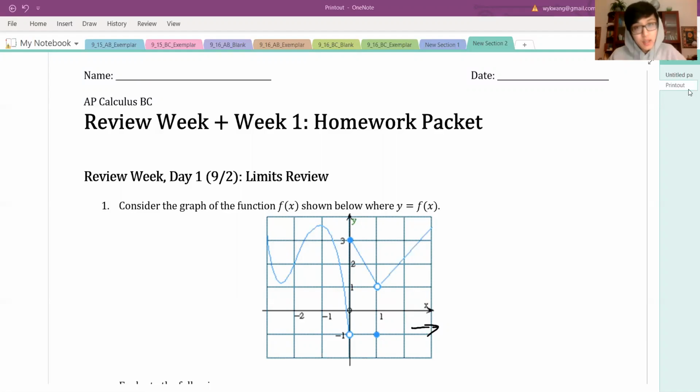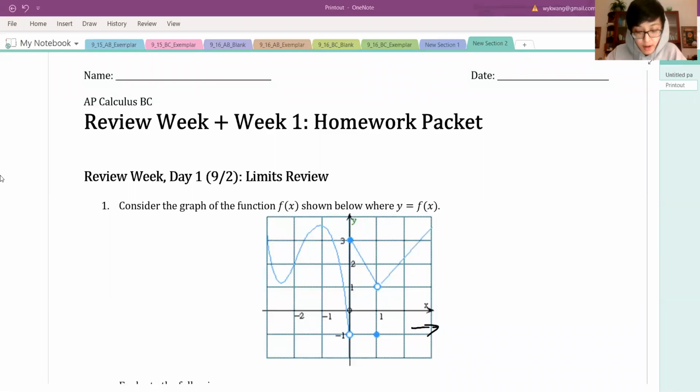Okay, so basically I am going to run through the entire homework packet and I'm just going to adjust the questions so that they're similar but not exactly like the homework packet that you guys are doing. If you want to work through this packet problem by problem with me, you should be able to do every problem with no issues.